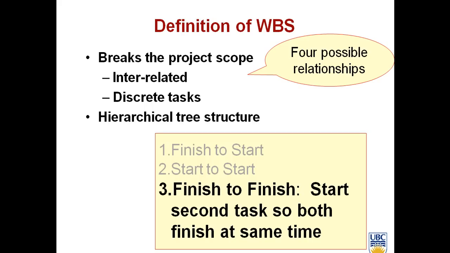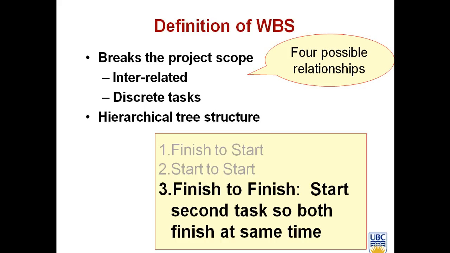The next logical relation is finish to finish. It means that regardless of when these two tasks start, they have to finish at the same time. Logically, you have to start the task with the longer duration earlier in order to finish both at the same time. Sometimes when you want to finish the building and the next task is an inspection, you prefer plumbing and wiring to be done at the same time.